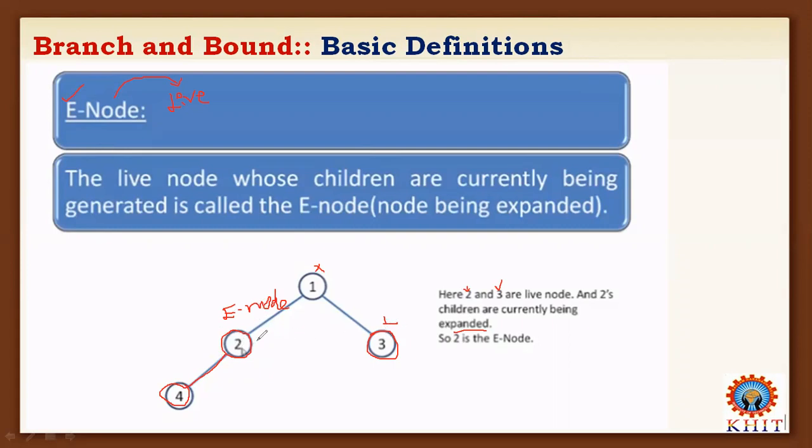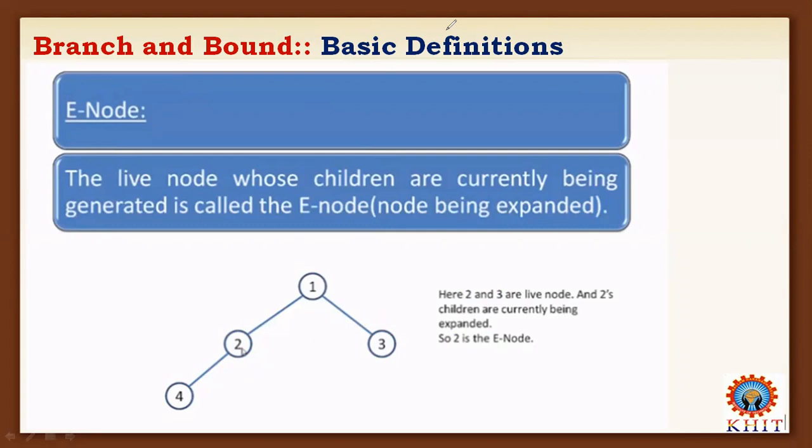Node 2 is considered a live node and it is further expandable. That's why it is considered an E-node. Students, don't get confused. Once again, I will explain what is an E-node and what is a live node. Please do not get confused here.